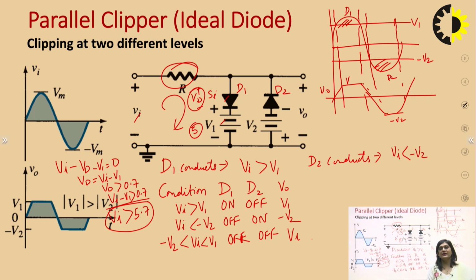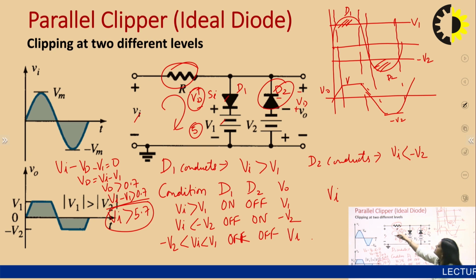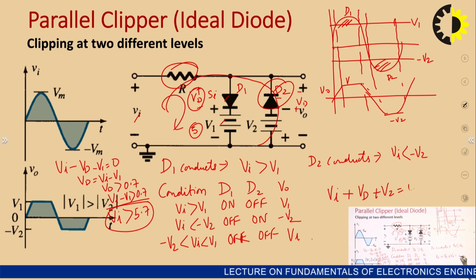Similarly, we can find this for the D2 diode also. For D2, we replace the diode with Vd, where this side is minus and this side is plus Vd. The KVL is applied only to this circuit: Vi plus Vd plus V2 is equal to 0.